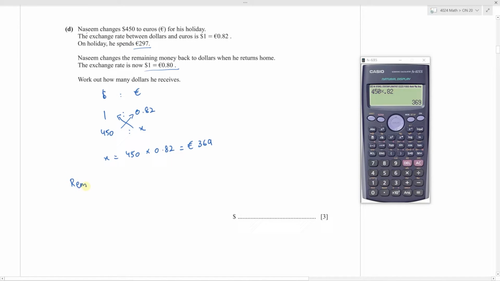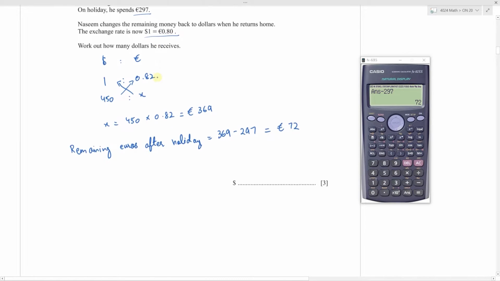So how many remaining euros are left after holiday? So he had 369 and he spent 297. So 369 minus 297 is 72 euros are left.